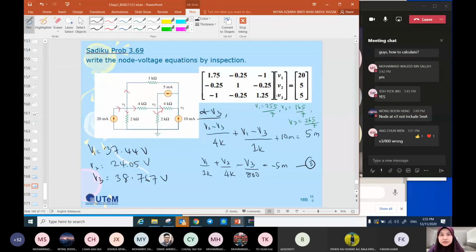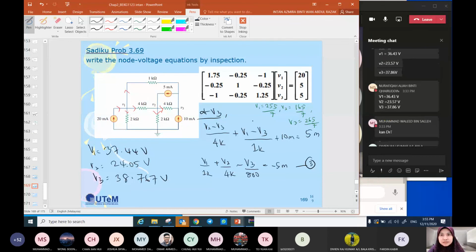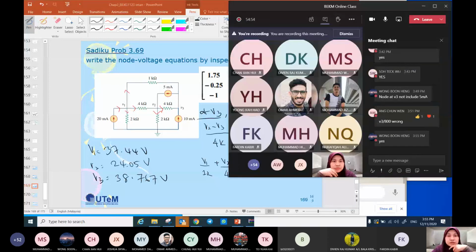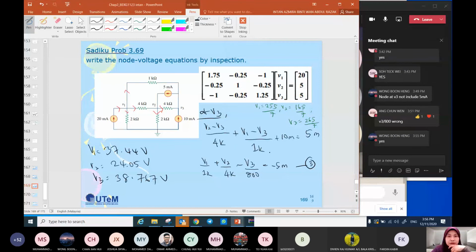Did you get the answer exactly as this? 36.43 and so on. Exactly the same or not? Exactly the same. So I think my equation is correct.